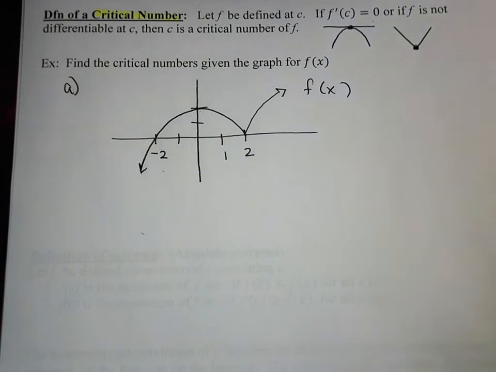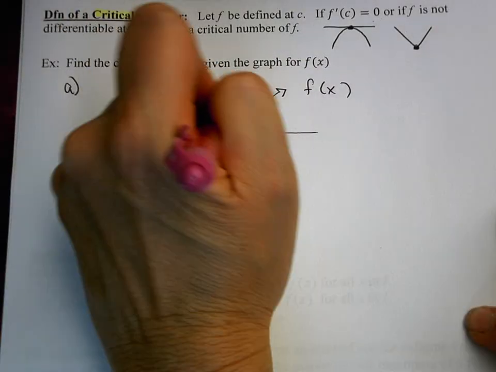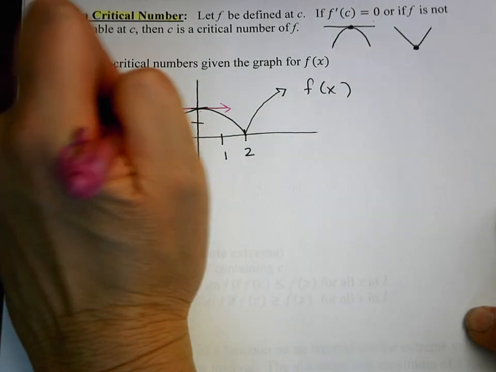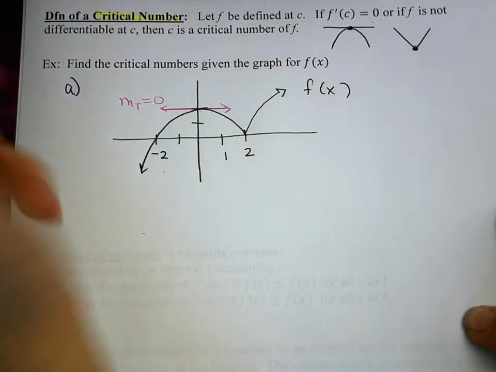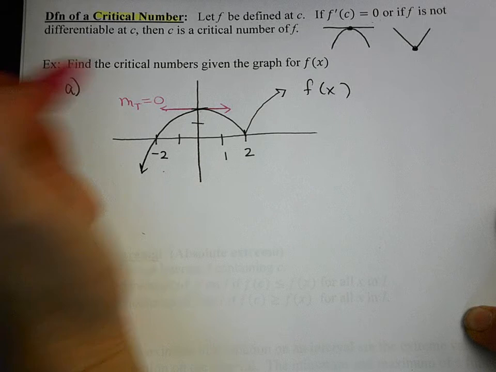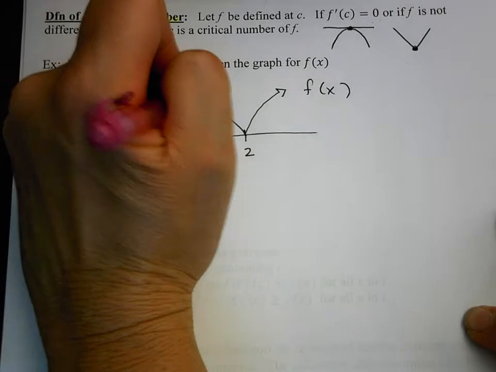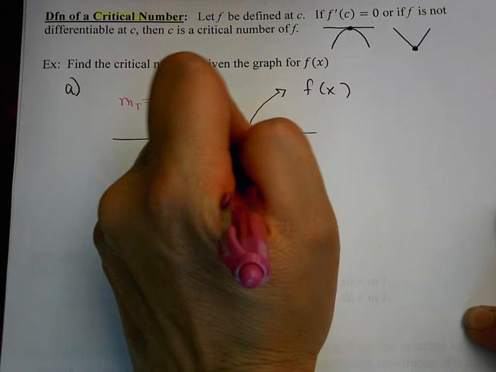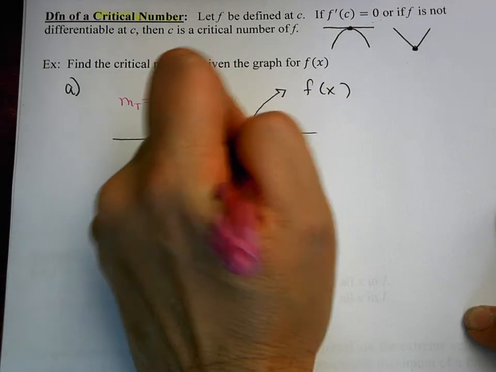So I'm going to draw my tangent line there. The slope of that tangent line would equal 0, and that is occurring at x equals 0. And here, this is not differentiable because I have that sharp turn.